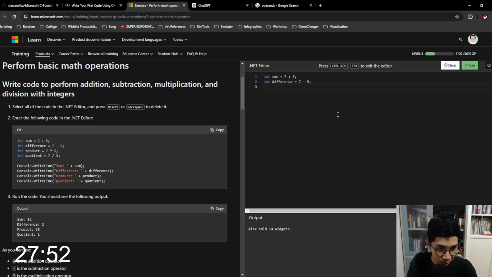So product, oh, it has the same numbers but the operator is different. The operand is the same. So yes, addition, subtraction, multiplication, division. Console write line. Let's just, no, I didn't want that.